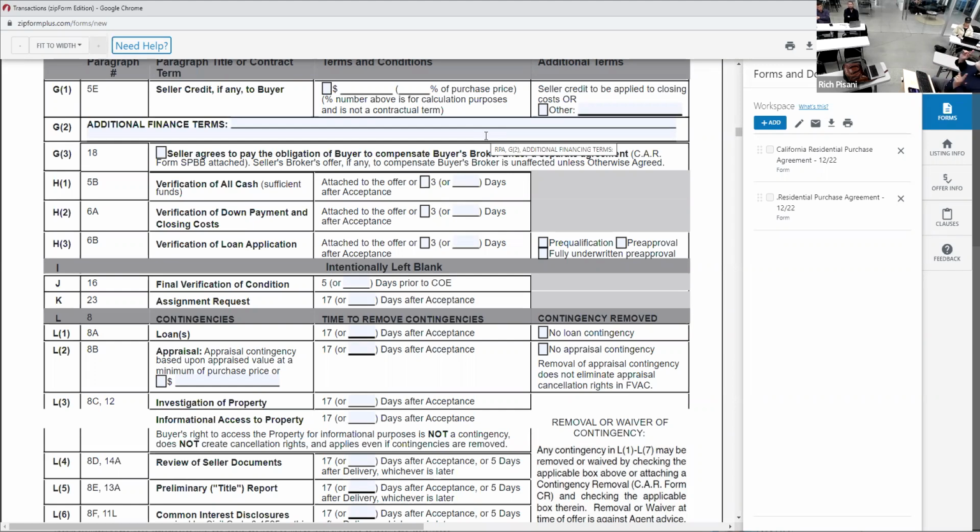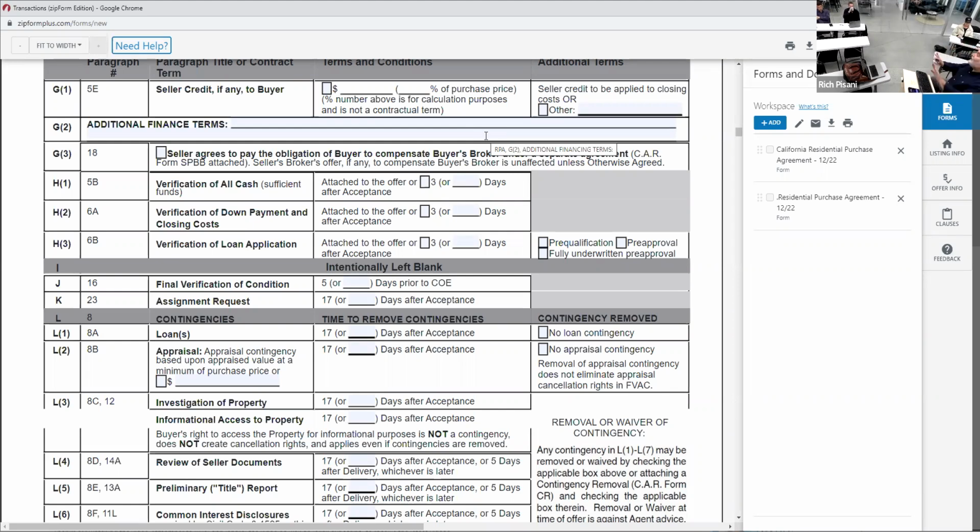But if you negotiate with the buyer to pay 3% and the seller's only paying 2.5%, that's where this comes in. That's where this comes in: Mr. Seller, the buyer is paying me 3%, you're paying me 2.5%, because there's another form that you have to add to this, and that's exactly what it's saying.